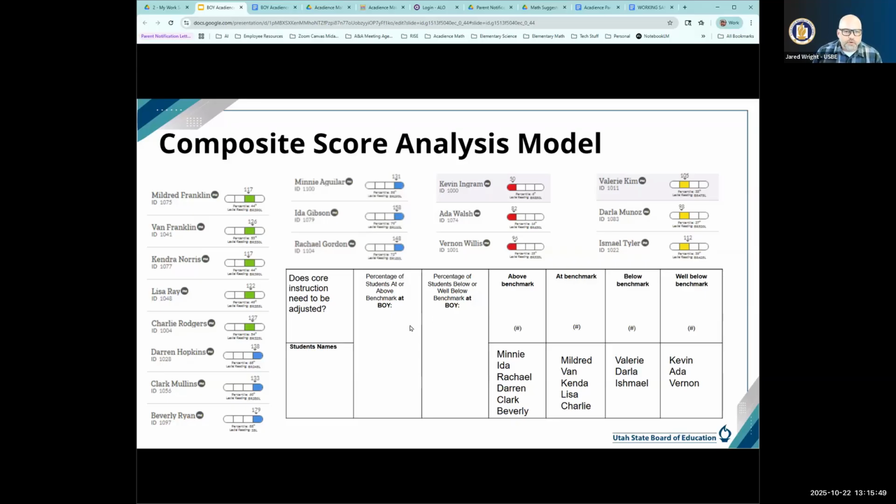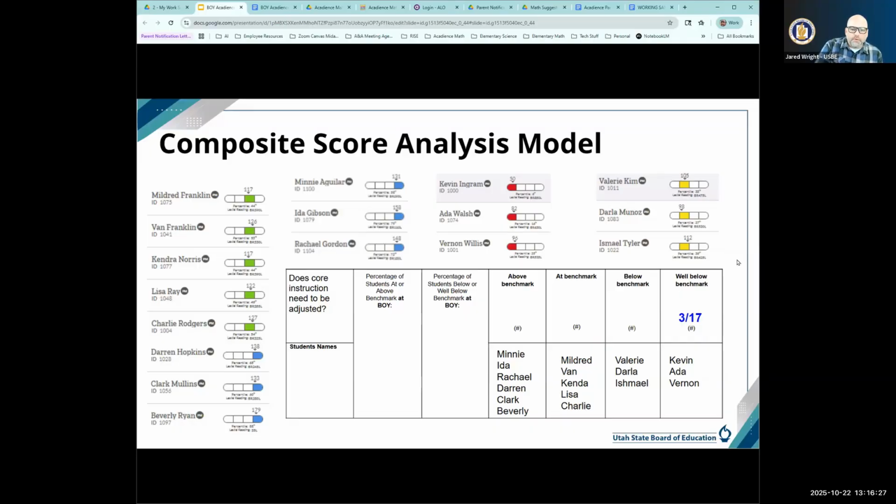So looking at the composite score, or this model that we're going to use today, the table and that format is in your participant notebook. You will look at a group of students within a class, most likely, and you can see those students range between well below all the way up to above benchmark levels. So as I'm looking at the groups of students, we're looking at the percentage.